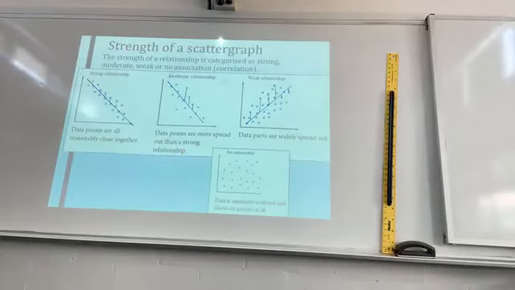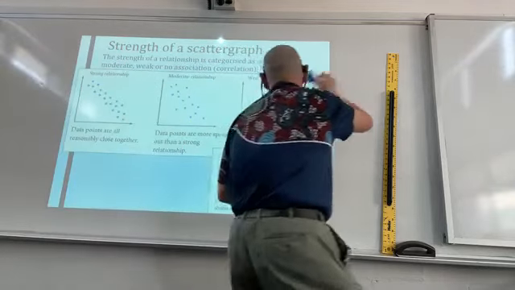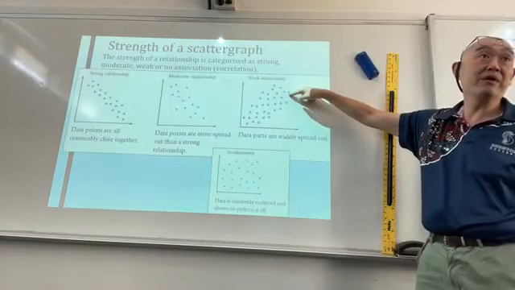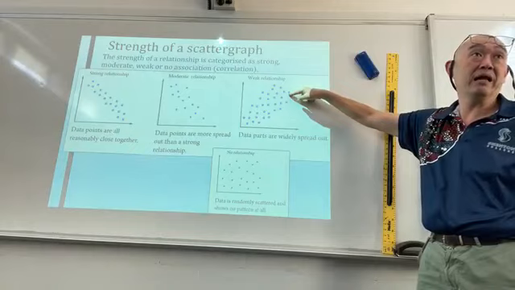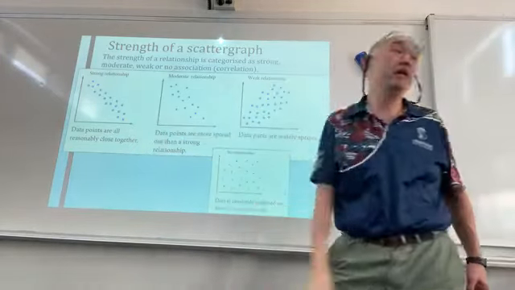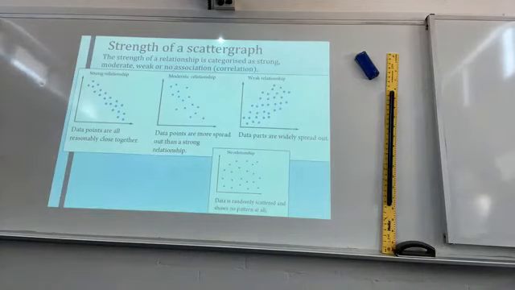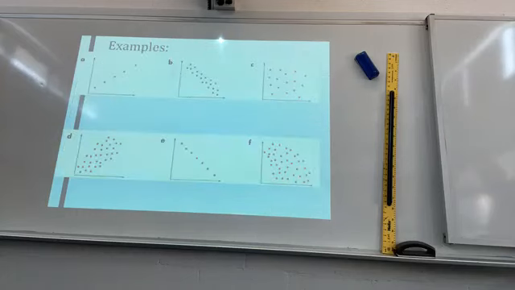There's no relationship at all here. Sometimes you can even interpret that as no relationship because it's really hard to find a relationship. That is definitely strong, that's definitely moderate. All right? At the moment, this is all by eye. Tomorrow we'll be using a calculator and actually work out the correlation coefficient.